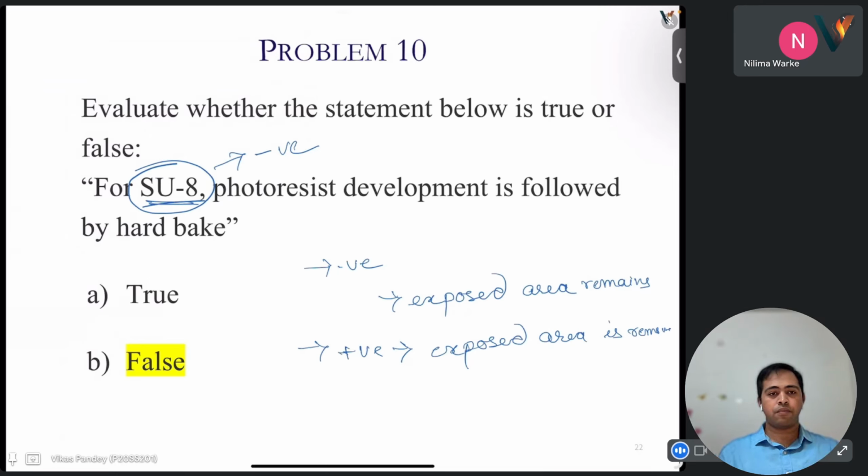Is it right now? In case of positive, the exposed area is removed, or it remains?